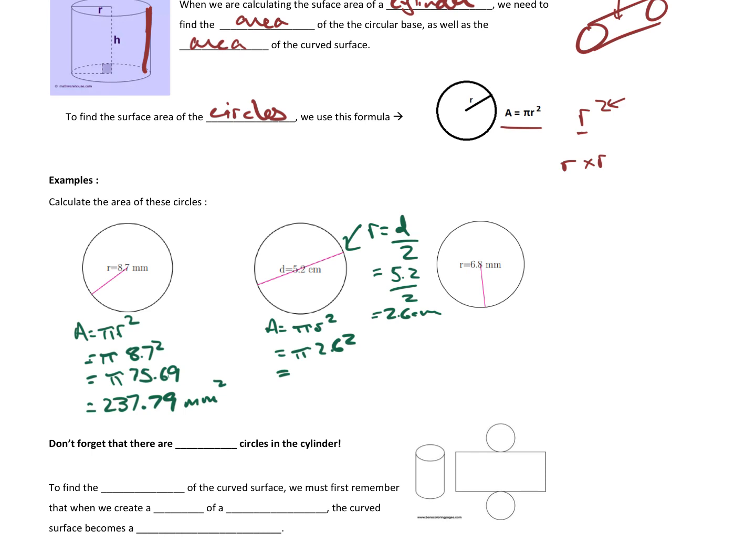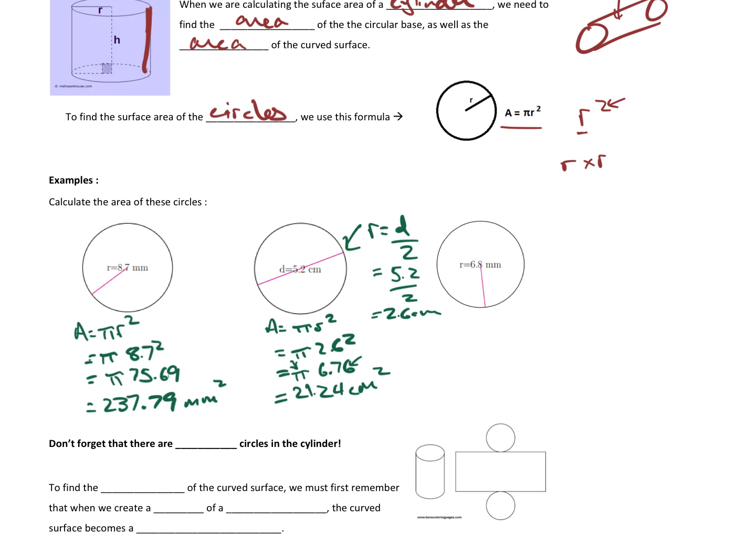When I square 2.6 correctly, I get 6.76. Multiplying that by pi, I get 24.24. That makes sense because this is almost 7 and this is almost 3, so my answer should be around 21.